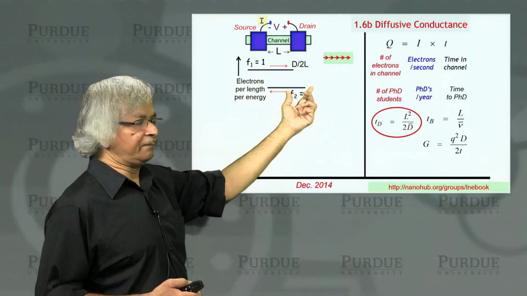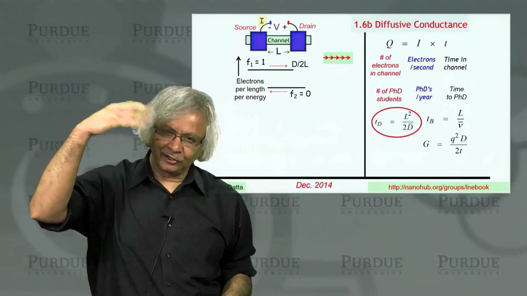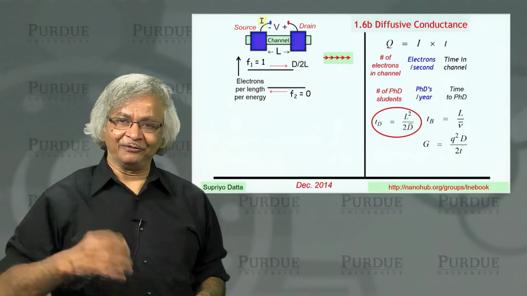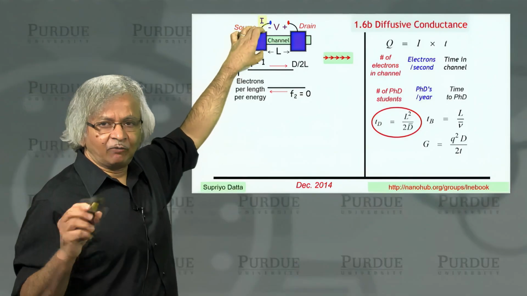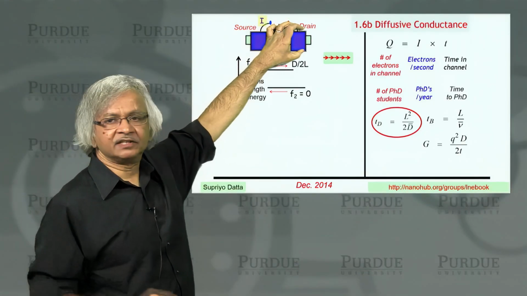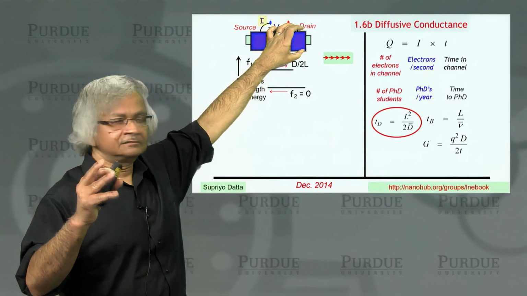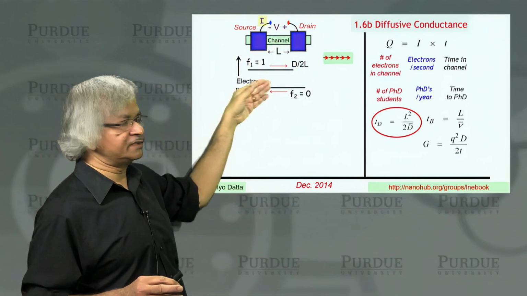Now, this you could again understand by thinking in terms of cars on a highway. That is, supposing the source is, let's say, one city somewhere in the south, and this is another city somewhere in the north. So you have these northbound lanes and you have southbound lanes.